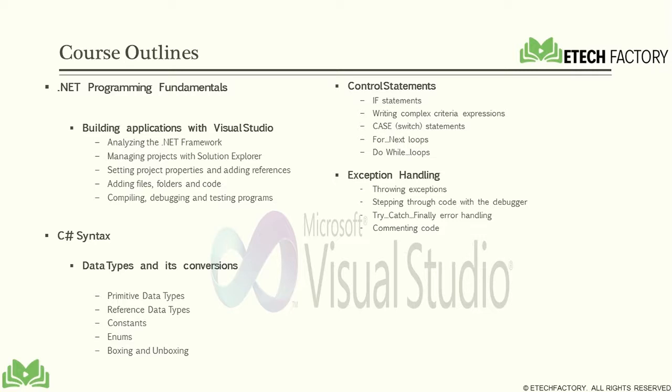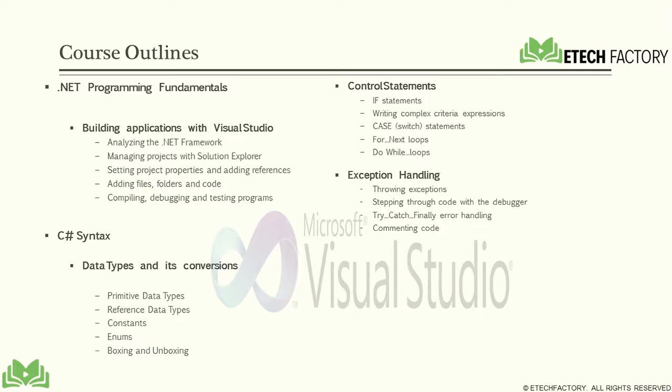Under this chapter, we are going to learn the if statement, writing complex criteria expressions using if-else condition statements, and then case statements. Then we are also going to learn for loops and while loops.